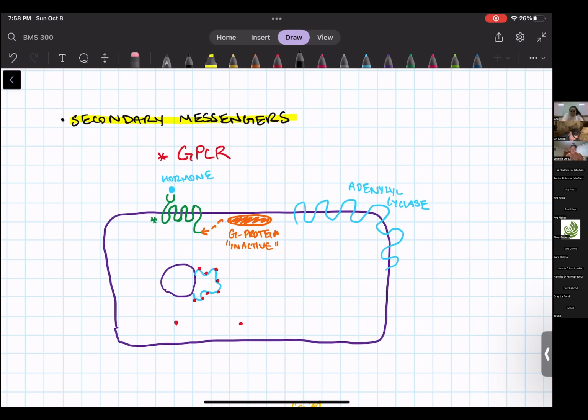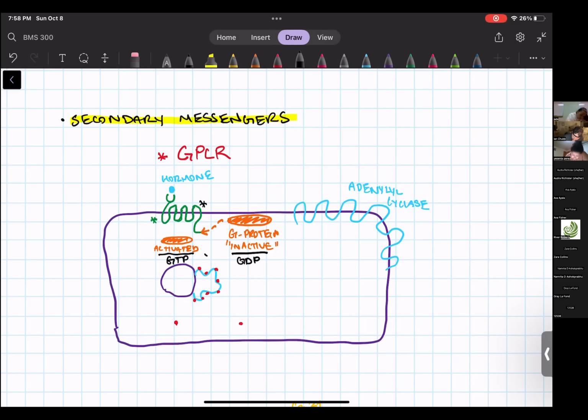So this G protein that's inactive is going to have GDP on it, guanine diphosphate. When it interacts with this transmembrane protein, it's going to be activated and given energy. So now it's going to have a GTP, guanine triphosphate. So we add a phosphate to it.